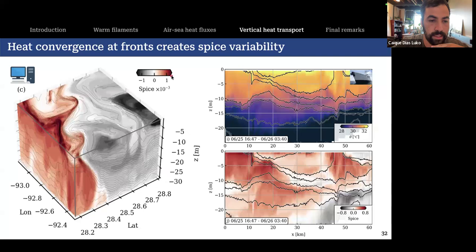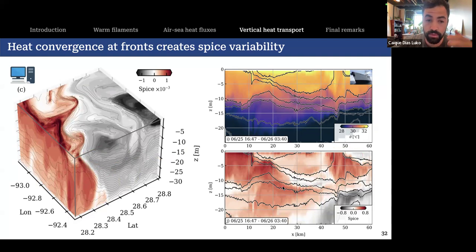When we have a negative spice, we have colder and fresher waters, and we call those waters minty. And so this process generates horizontal spice variability, and this spice variability is transported down at the subduction sites. And we see this both in the simulation and in the shipboard data.